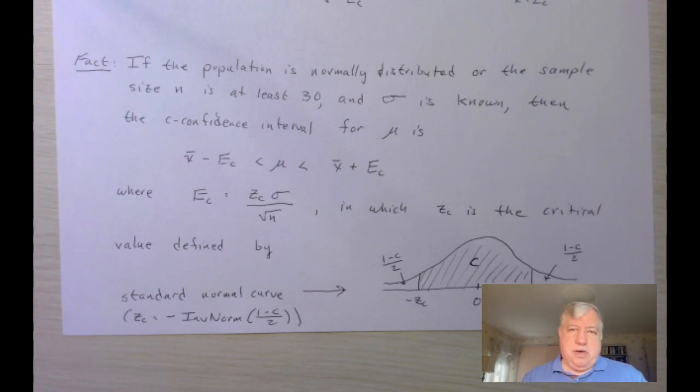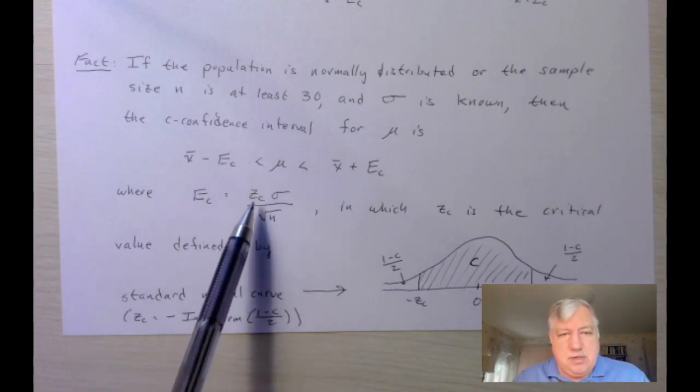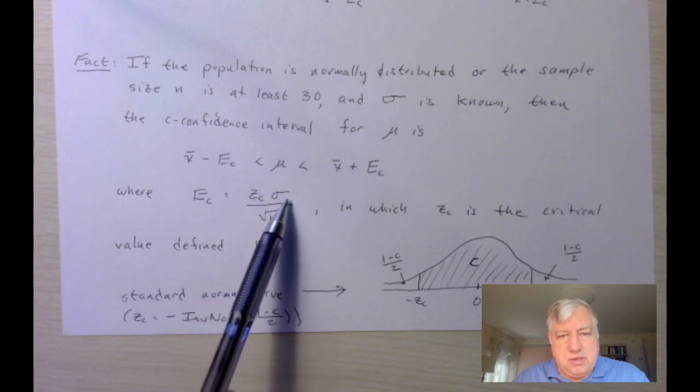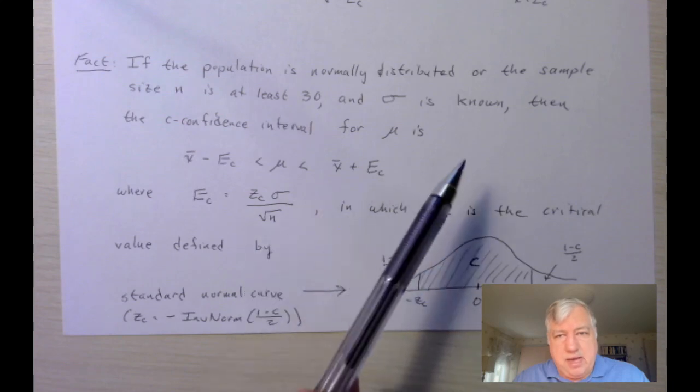And the second assumption is that sigma, the population standard deviation, is known. If these two assumptions hold, then E sub c is calculated as Z sub c times sigma divided by the square root of n, where n is the sample size.